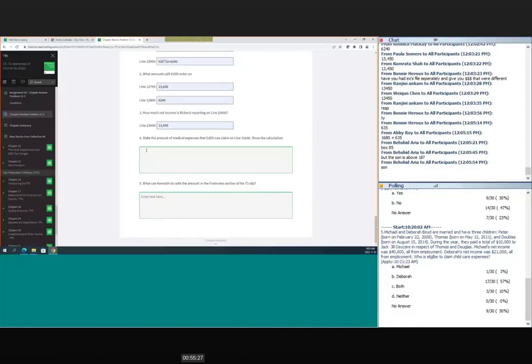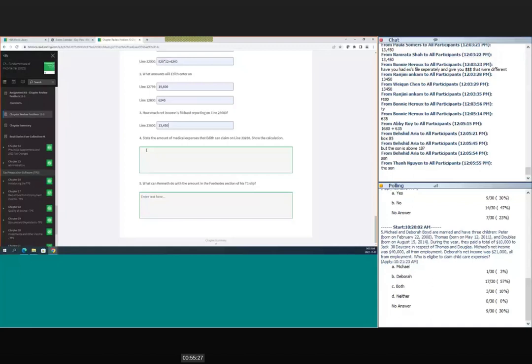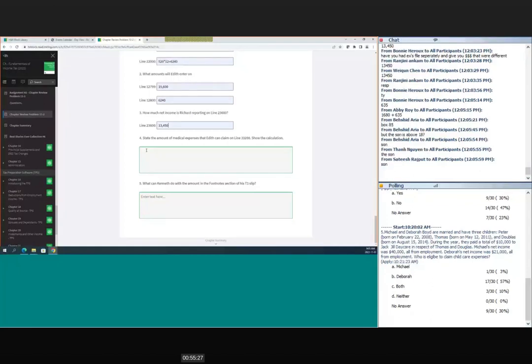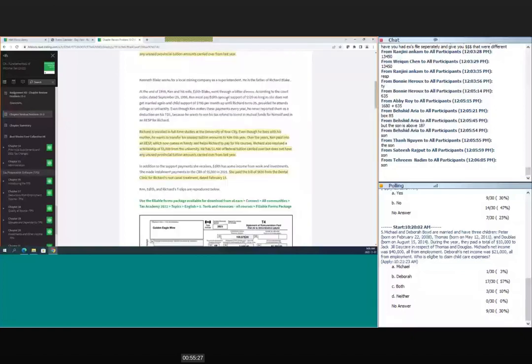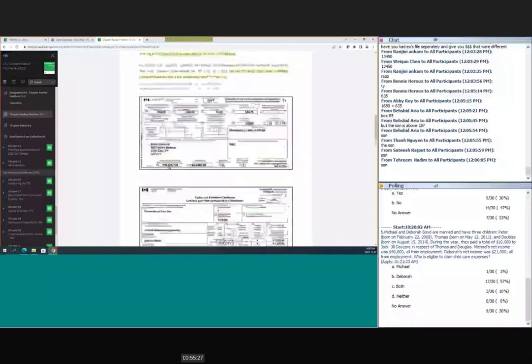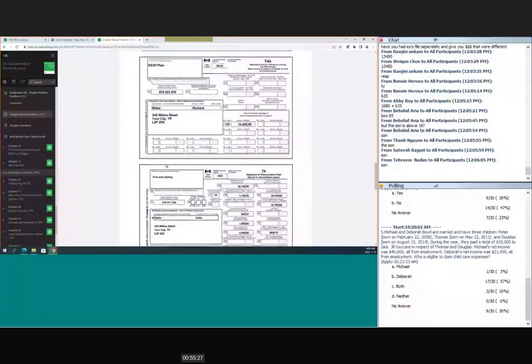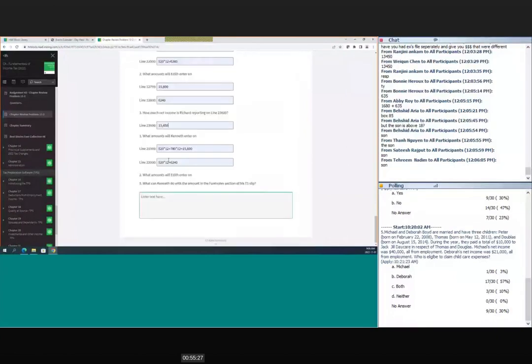But she can claim because she paid the medical fees. If he had paid them, then it wouldn't even go on her return. But the problem states very clearly that she paid the bill. So therefore she has the right to claim the medical expenses. So yes, in that case, thank you everyone. So it's a little bit of a trickier calculation.